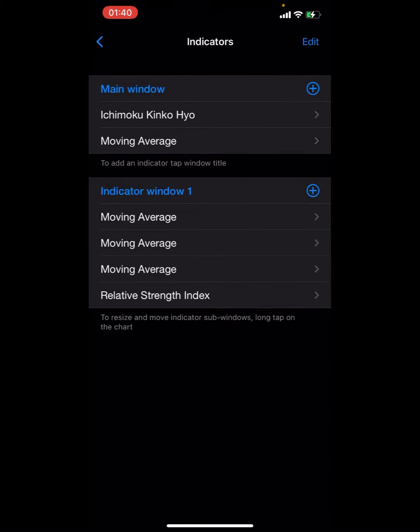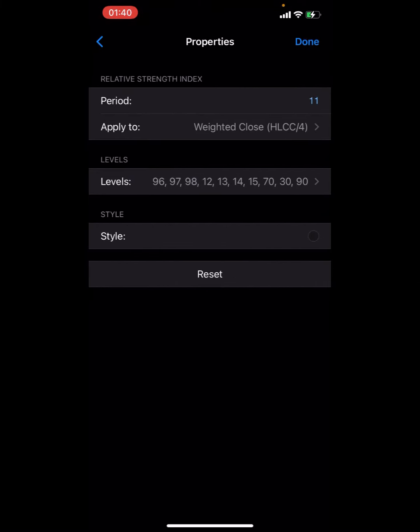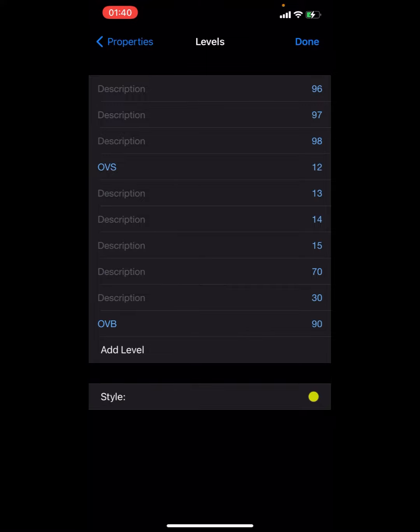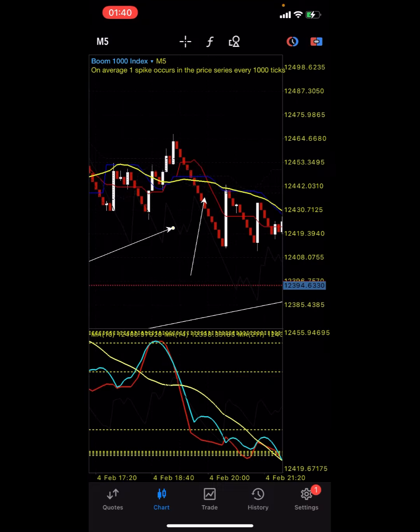And then finally we've got the relative strength index, period to be 11, apply to weighted close HLCC/4. Then your levels, you have 96, 97, 98, 12, 13, 14, 15, 70, 30, and 90. Your style, put whatever color that you desire, and that's how you have this setup.